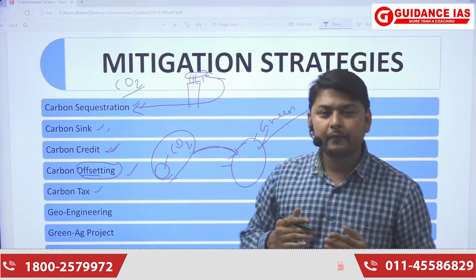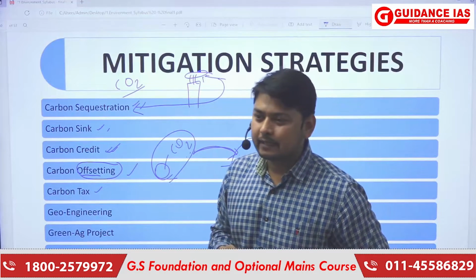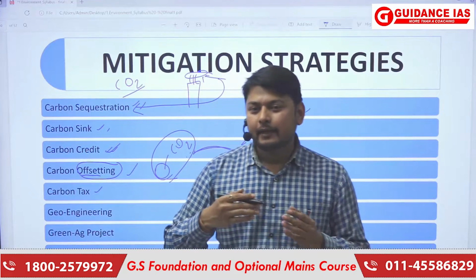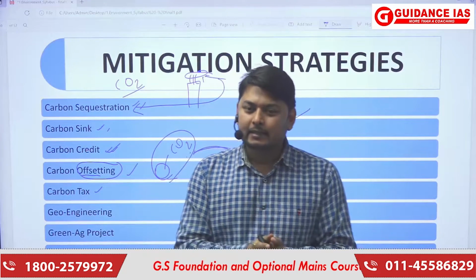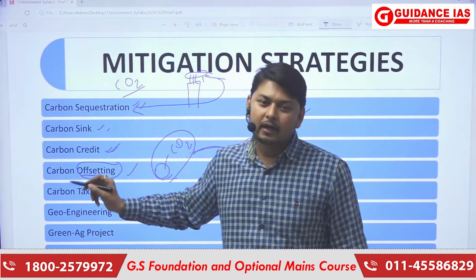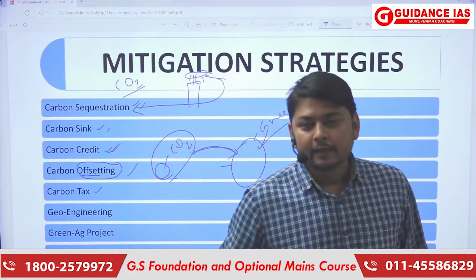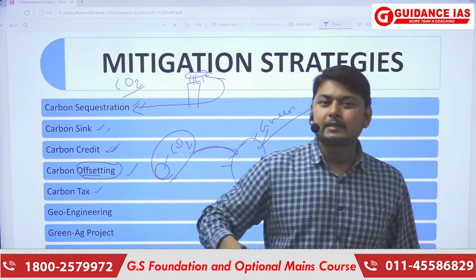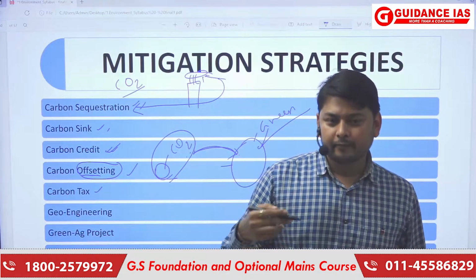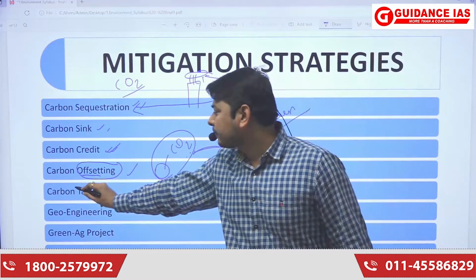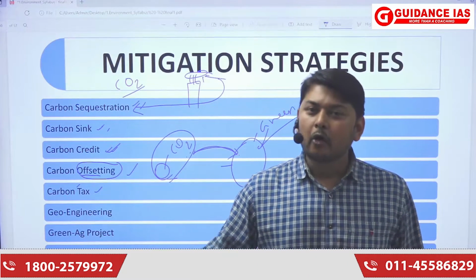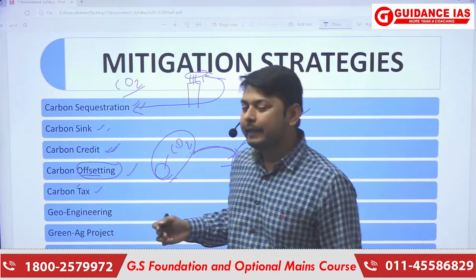For example, if the price of gold is rising, if I put a tax on import of gold, then the demand for gold will decrease. Similarly, if I put tax on carbon or the amount of emission of CO2, then it will decrease the demand for fossil fuels, or fuels which are carbon based, and it will create a rise in the demand for fuels which are non-carbon based, or basically green.